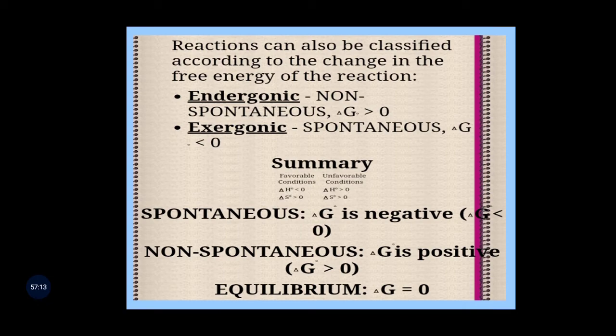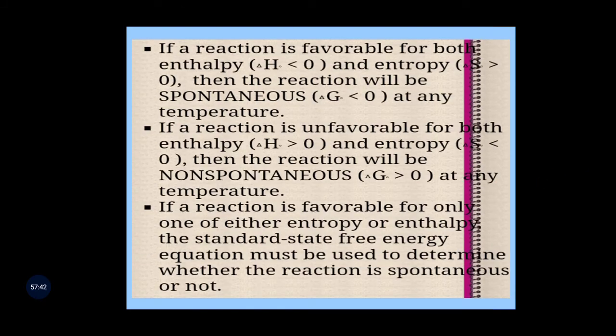So for an endergonic reaction, that is non-spontaneous, your delta G will be greater than 0, meaning Gibbs free energy will be positive. But if Gibbs free energy is less than 0, that means it is negative, and then it will be spontaneous. But when Gibbs free energy equals 0, then you should know it is in equilibrium.